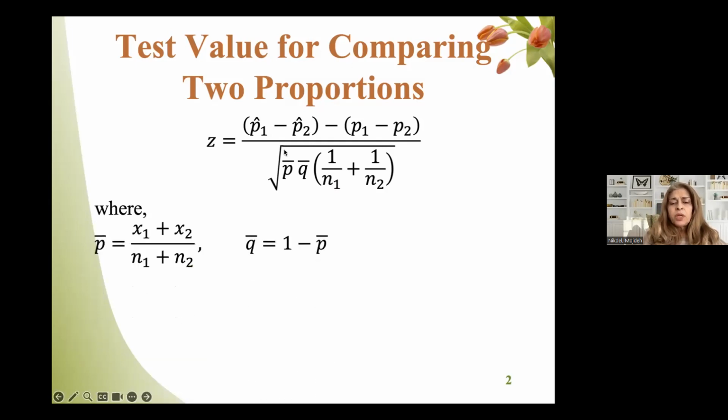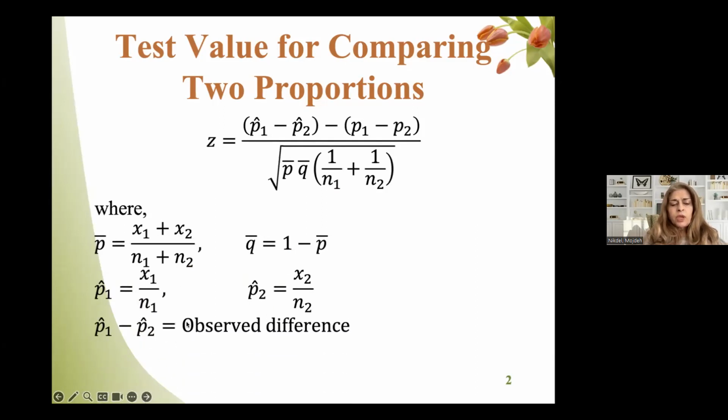P bar, under the radical sign, is x1 plus x2 divided by n1 plus n2. Q bar is 1 minus p bar. And same as before, p1 hat is x1 over n1, p2 hat is x2 over n2. P1 hat minus p2 hat is the observed difference.